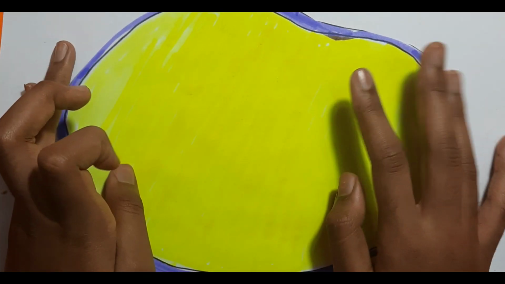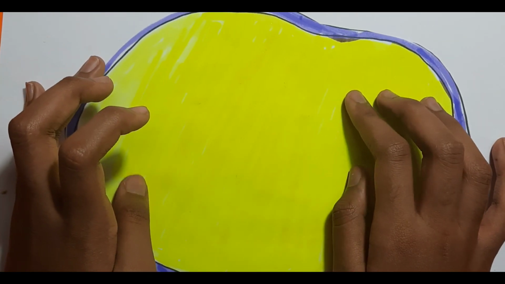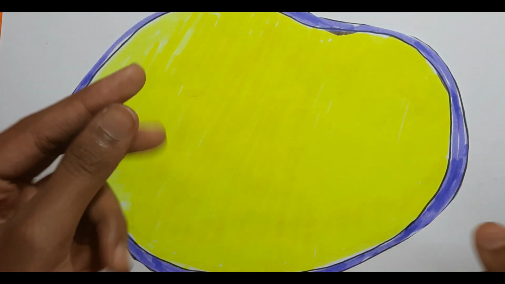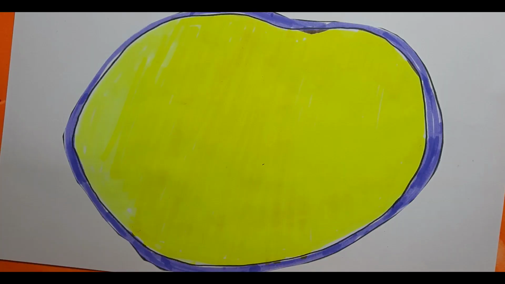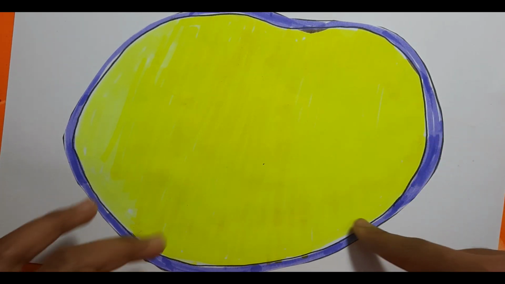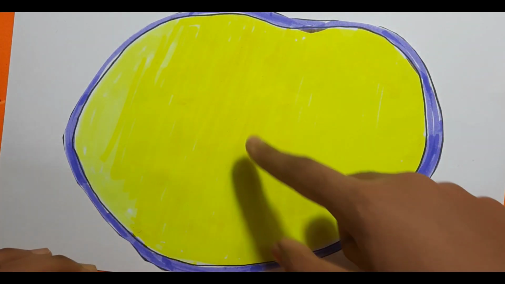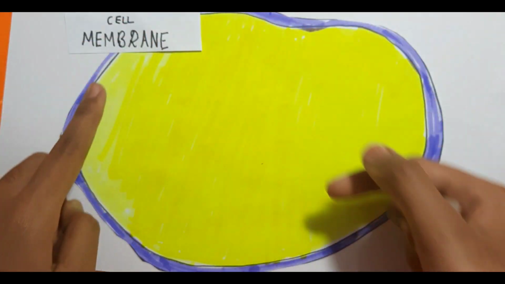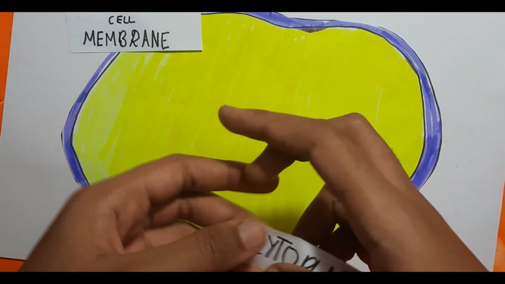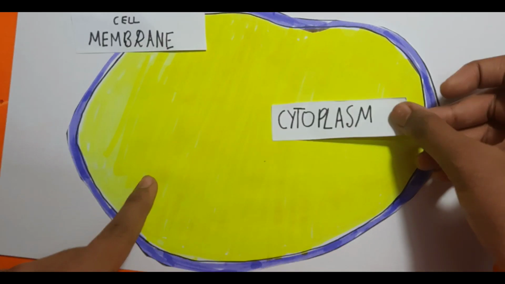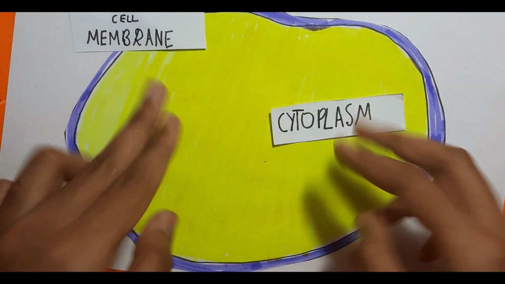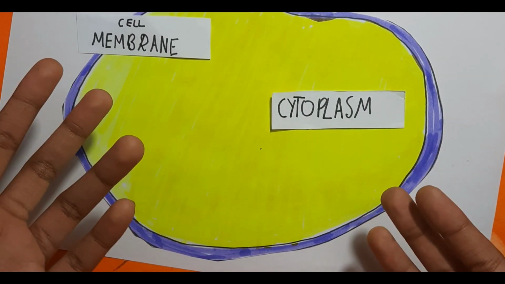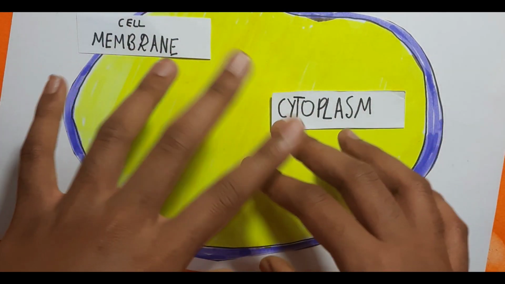Right, now on to parts of a cell. You can see I've got 1 part or 2 parts of a cell right here. So let's jump right in. Right, so you see this purple thing around the yellow part of the cell? That is called the cell membrane, this purple bit here. And this yellow bit is called cytoplasm. Now, what are these two? So the cell membrane is basically like a fence that surrounds the cell.